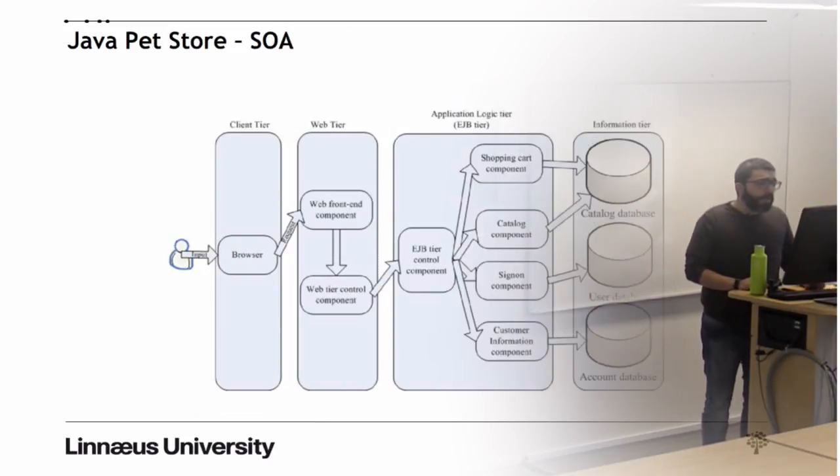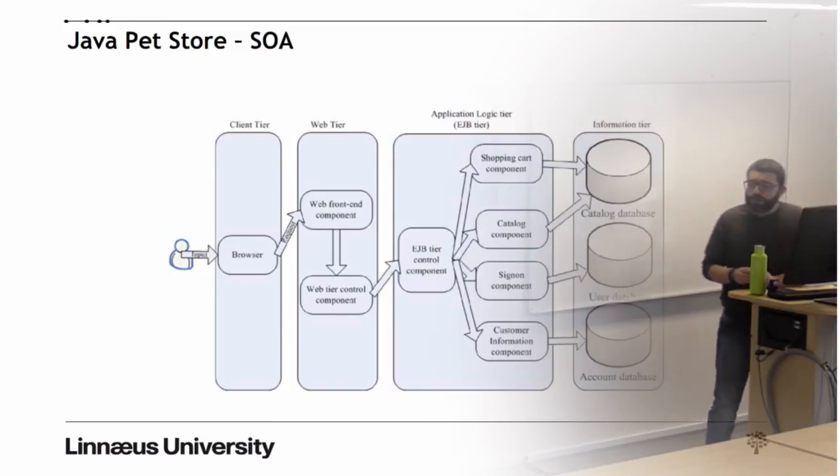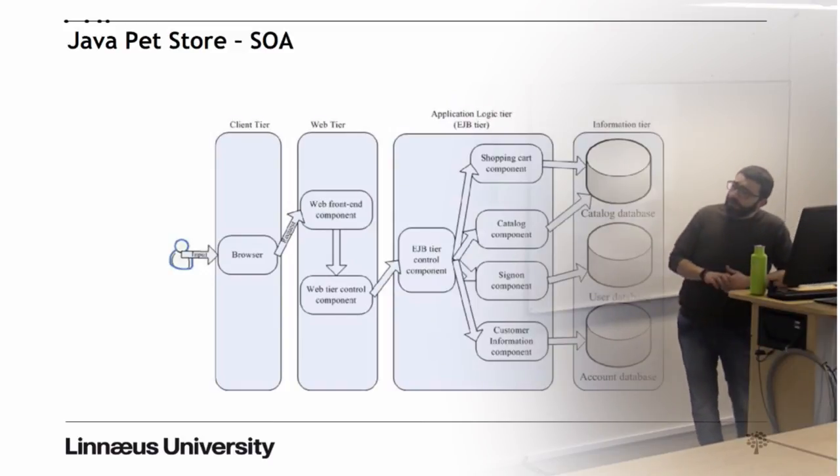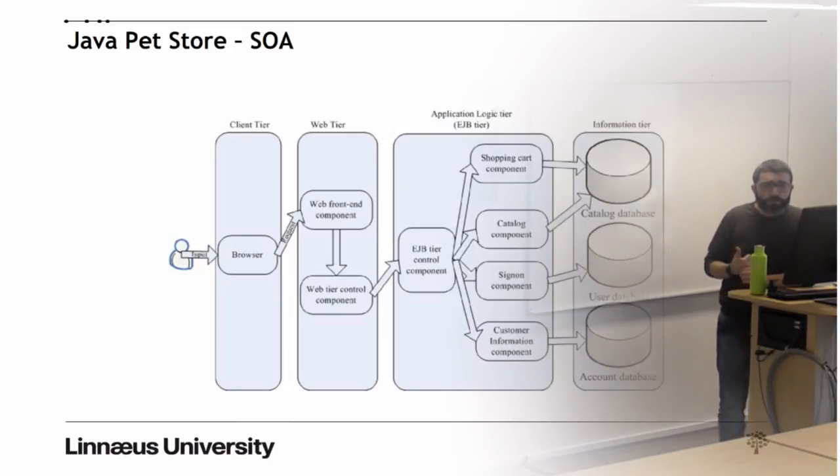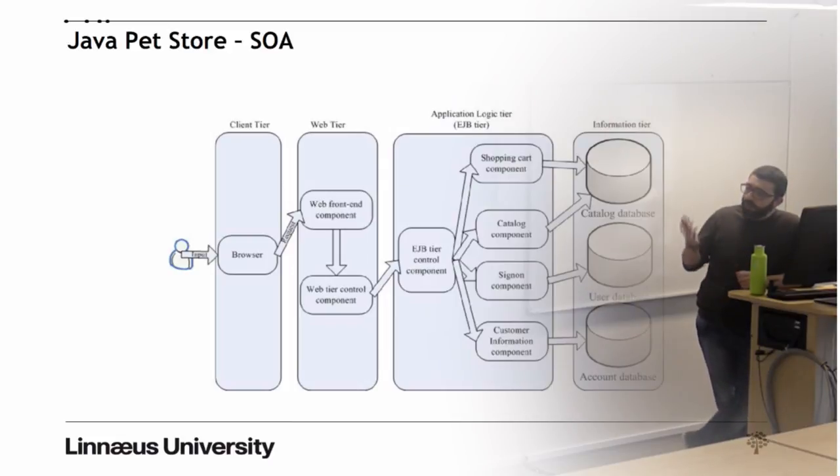Usually, a Java Enterprise Edition based application has this software architecture. So we have a client interacting with the browser, which is the client tier. The client tier interacts with the web tier, which implements the web front-end components.